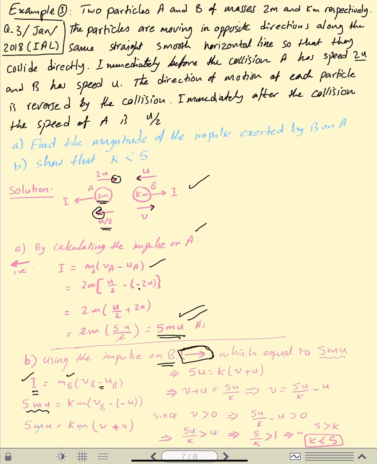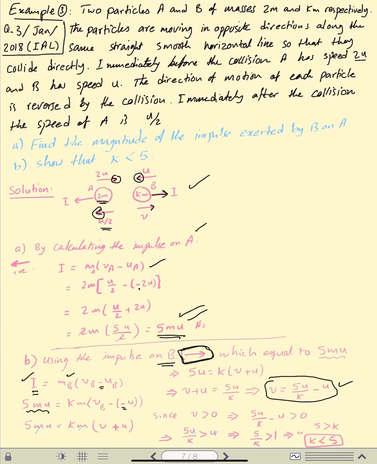This is the direction of the impulse for B, so u opposes this direction and you put it negative. Cancelling m from both sides, 5u is equal to k times (v plus u). Making v the subject, v is equal to 5u over k minus u.